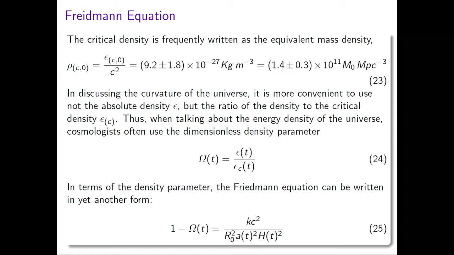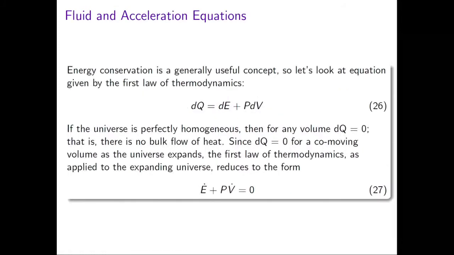So now we move on to the next section, that is the fluid and acceleration equation. The Friedman equation gives us a lot of information. It is very important and crucial in the field of cosmology, but we don't get enough data about the time, the scale factor and the energy density.